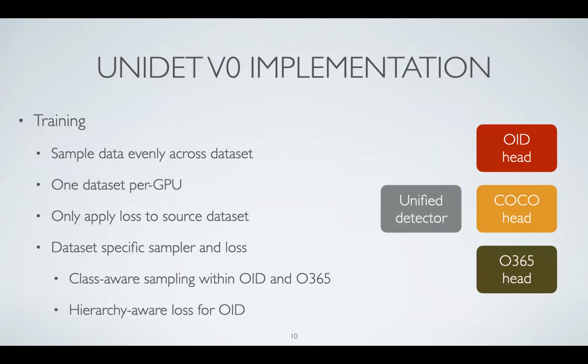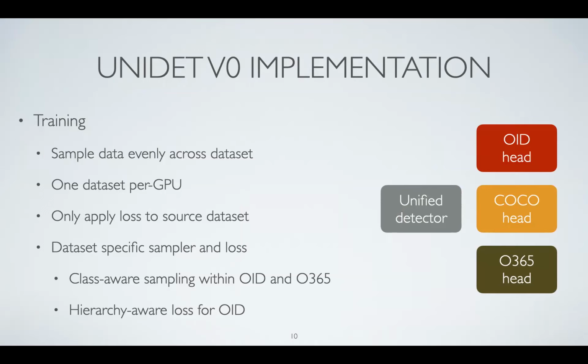It is actually not very hard to make this unified detector work if we implement it correctly. Here are some key implementation details. First, we sample data evenly from all 3 datasets in training, regardless of their original size. And we put one dataset on one GPU so that one network forward only uses one head.